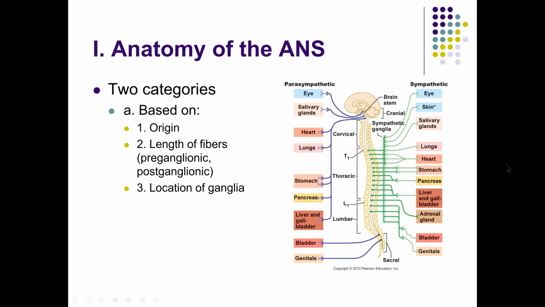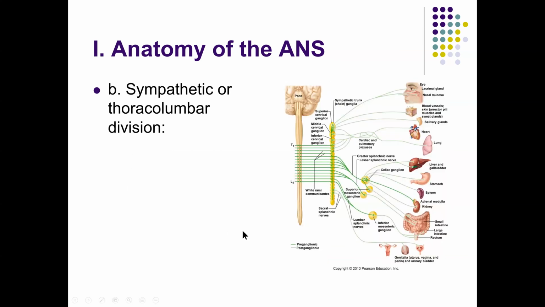The parasympathetic system deals primarily with four cranial nerves that we talked about in our nerve sheet, and a couple of branches off of the sacral portion of the spinal cord. So the two categories are based on origin, length of fibers, preganglionic and postganglionic, and they are different in the sympathetic and parasympathetic, and the location of the ganglia are different in the sympathetic and the parasympathetic.